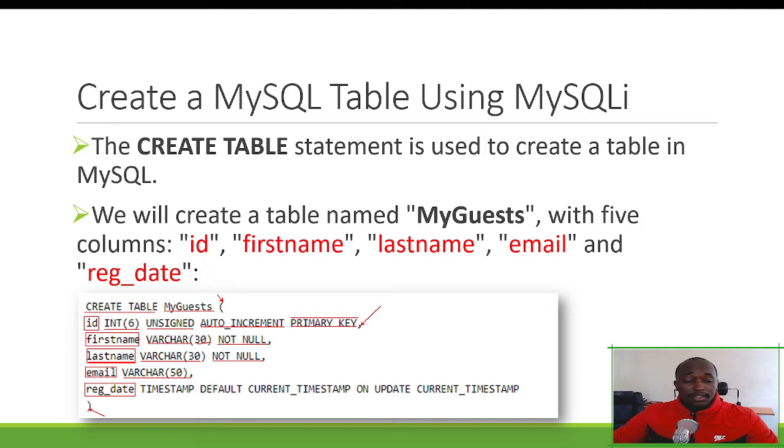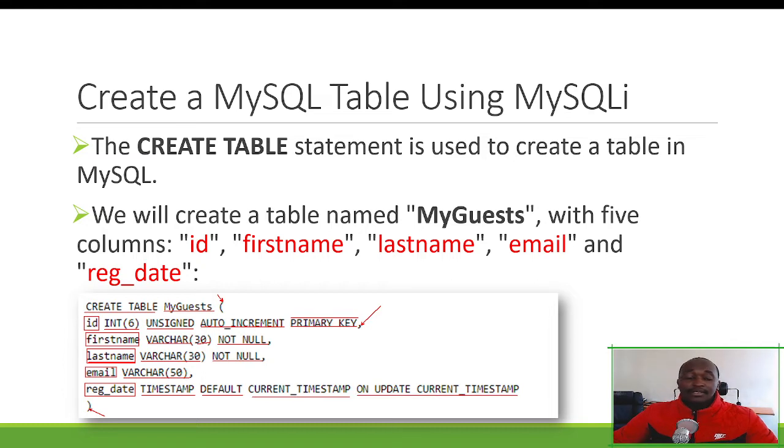Now, registration date, when we add a guest, we want to automatically add the time. So for the data type, we select timestamp, then default current timestamp. So on update current timestamp.